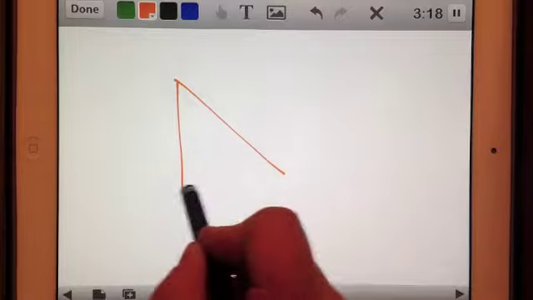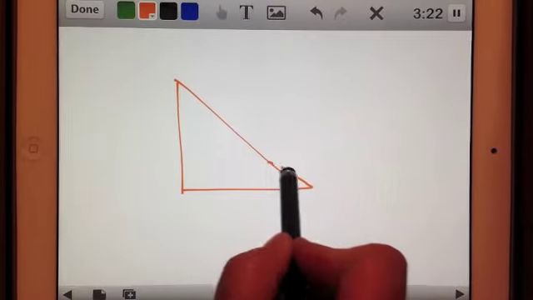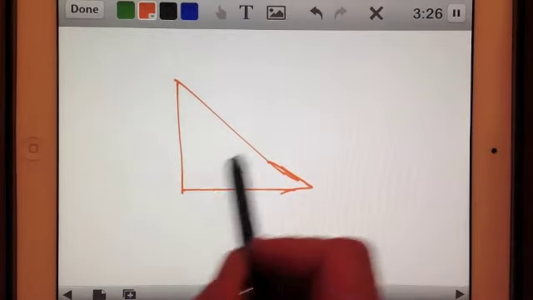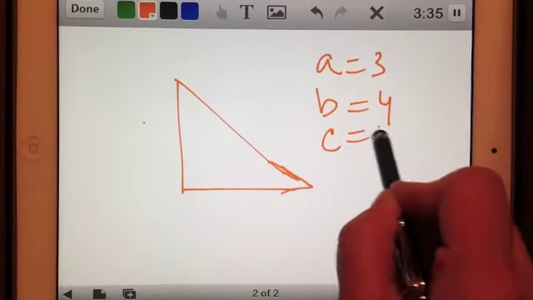Okay, so now let's say we had this right triangle, sorry, that wasn't very neat. Let's say we know that A equals 3 and B equals 4 and C equals 5.